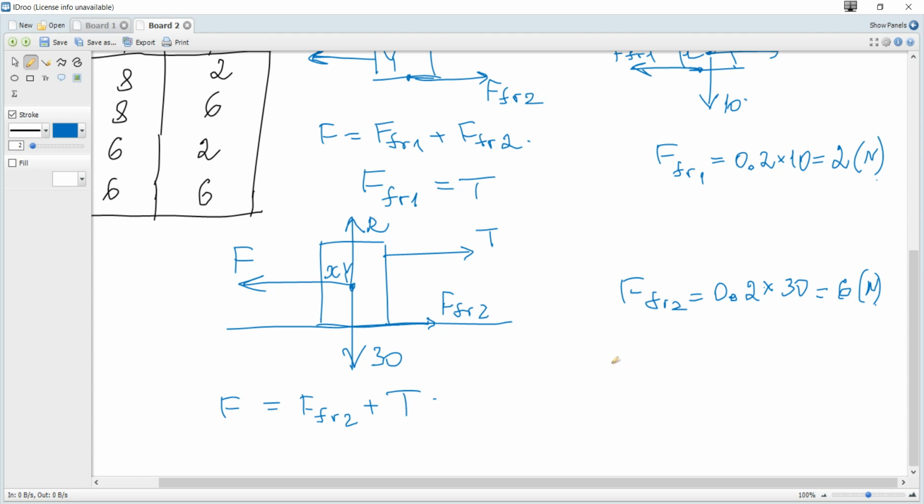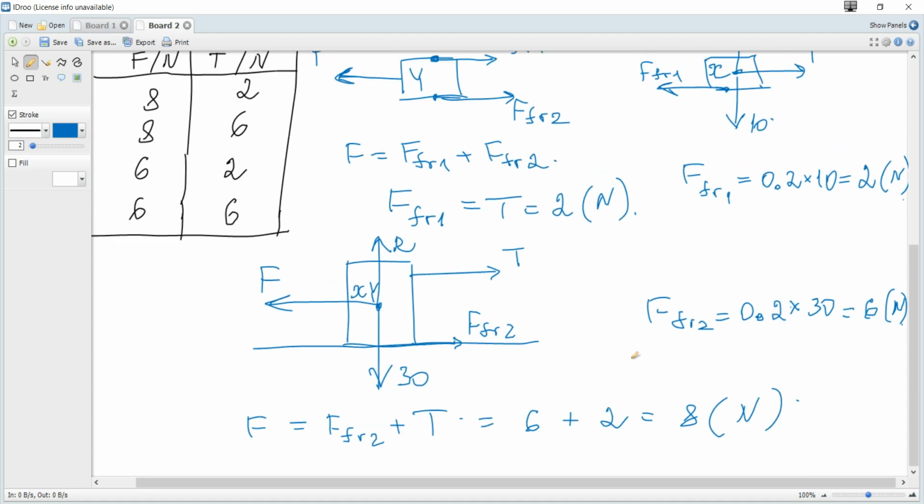So F is F frictional 2, which is 6. Just a moment, you can see that F frictional 1 is 2, so tension is 2 newtons. And F is F frictional 2, which is 6, plus tension, which is 2, so finally it's 8 newtons.